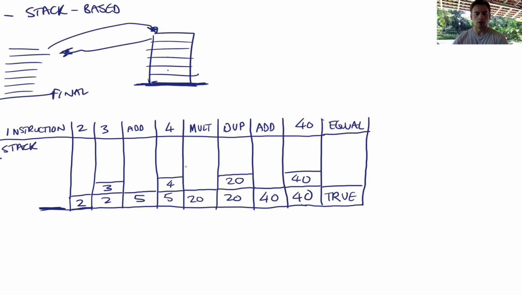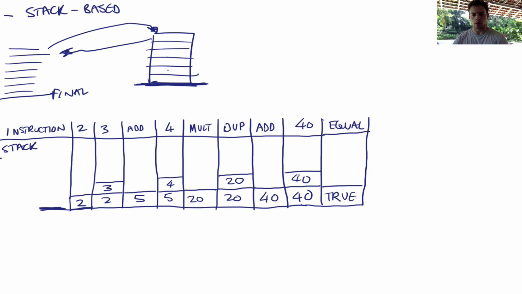Multiply, or mult, takes the top 2 items from the stack and multiplies them together and puts the result on the stack, just like add did, right? Duplicate, or dupe, takes the topmost item on the stack, duplicates it, and puts that on top, right? So now we have 2 20s on there. Add does the same thing again, takes the top 2 items from the stack, adds them together, puts the number 40 there, right?